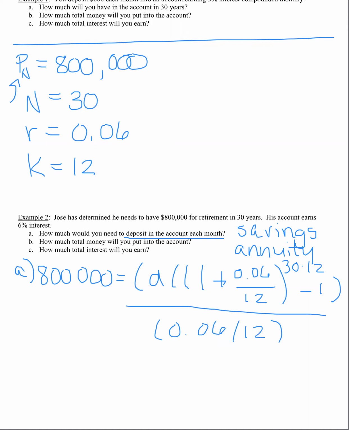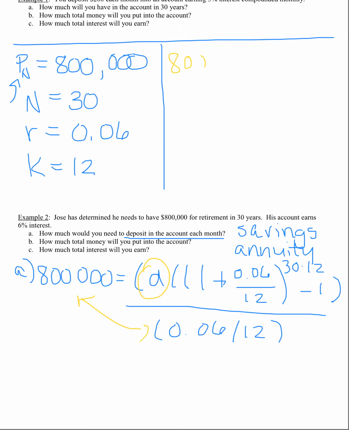All right, so look at this algebraically for a second. Now, you did a little bit of algebra work in the last section, but if we're trying to get D, D is being multiplied by the stuff beside it and divided by what's under it. So it would make sense to multiply this together.